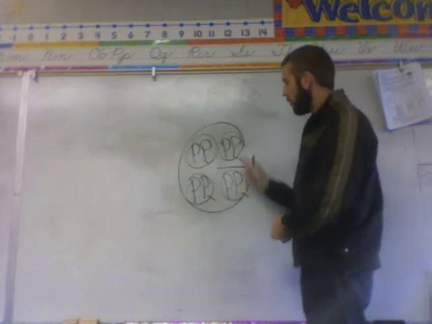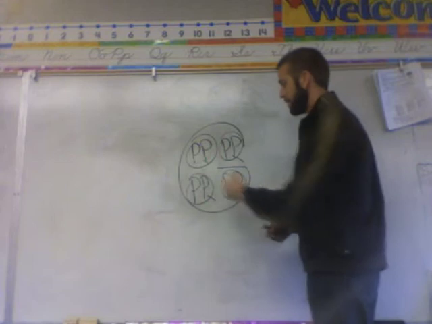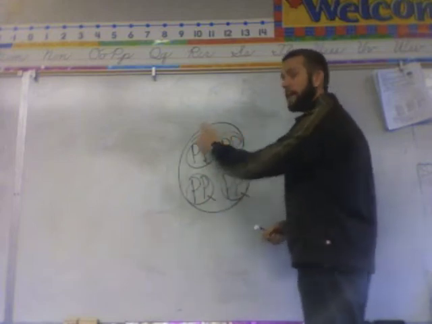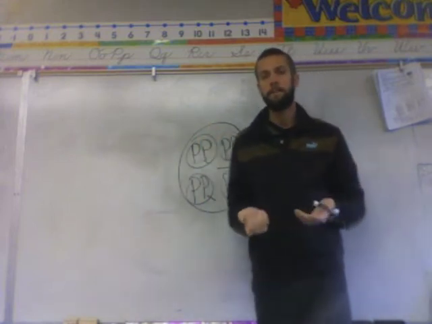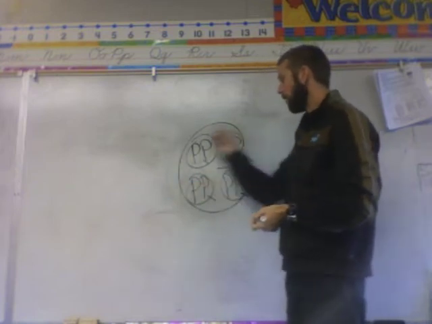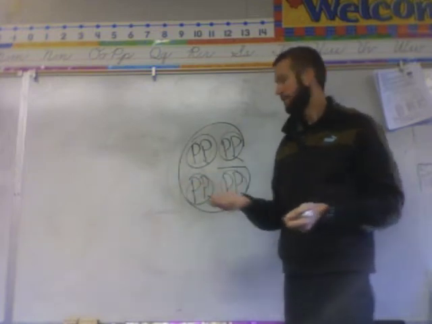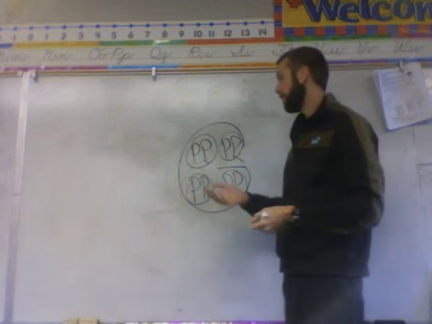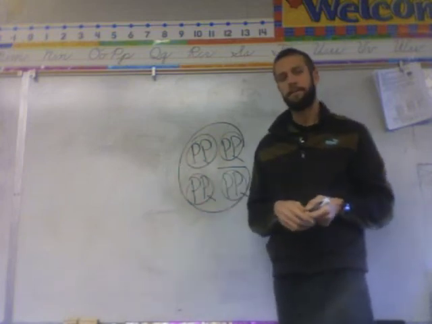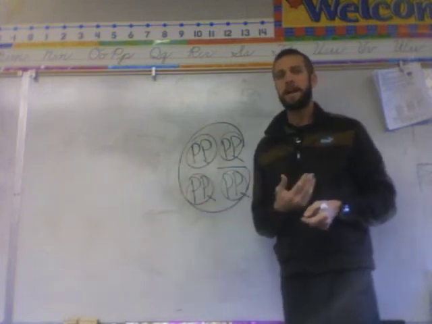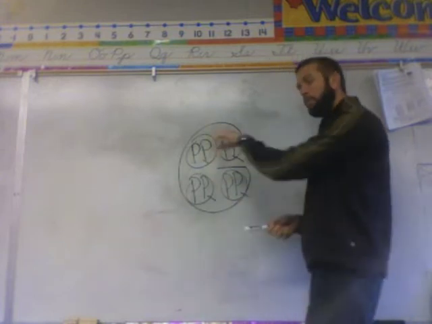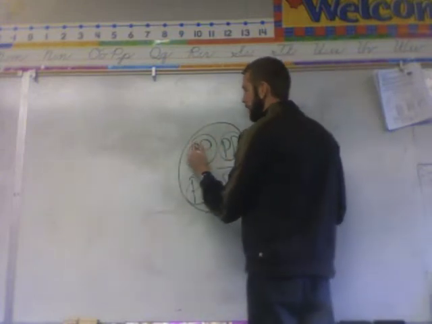Or 4 quarts would be 8 pints. 1, 2, 3, 4, 5, 6, 7, 8. See how the pints fit in? And there are a total of 8 pints in a gallon. And 4 quarts in a gallon. See how that works?